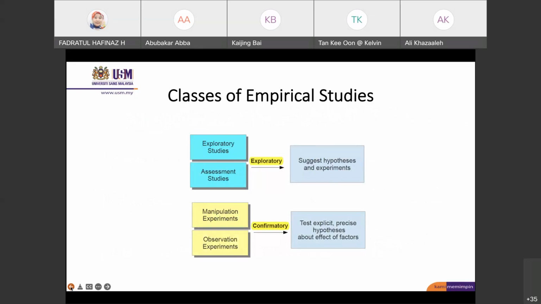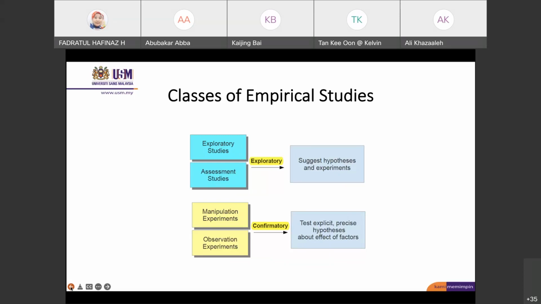This falls under the exploratory method. Once you develop your research question, you will automatically know your objective. From there, you will also know what kind of data you need to collect. You need to first explore the data. The exploratory study goes first, followed by the assessment study, because the assessment study helps you establish a baseline and range for the data you have explored.